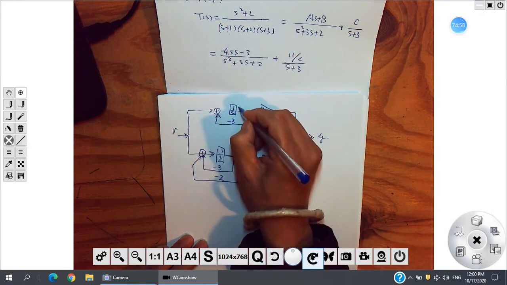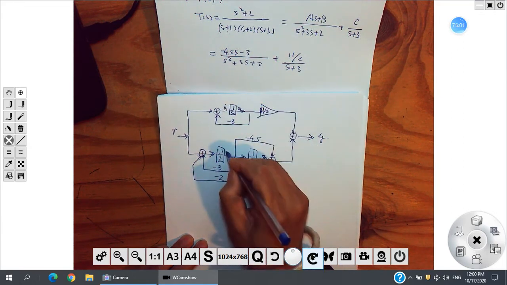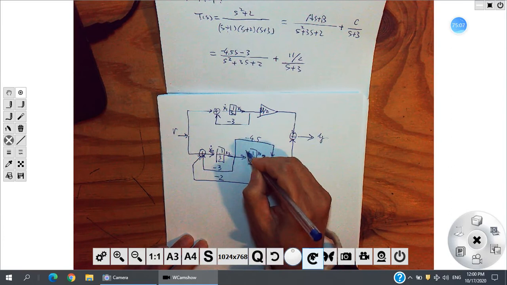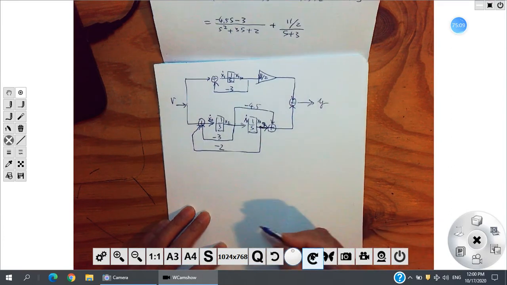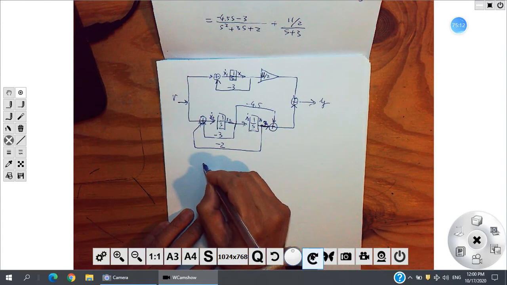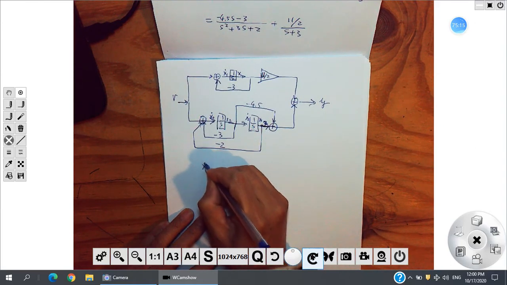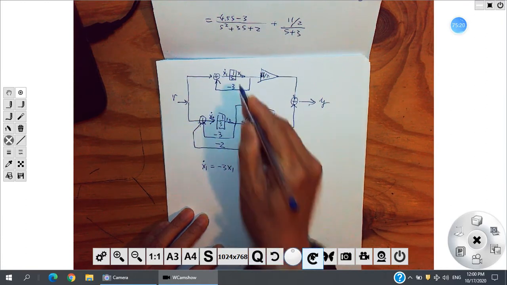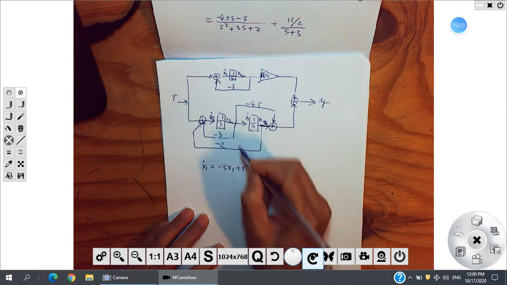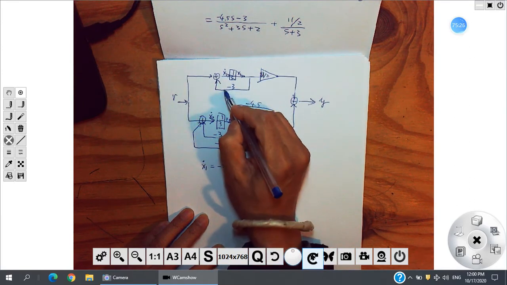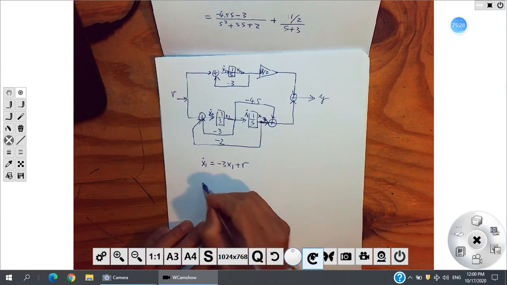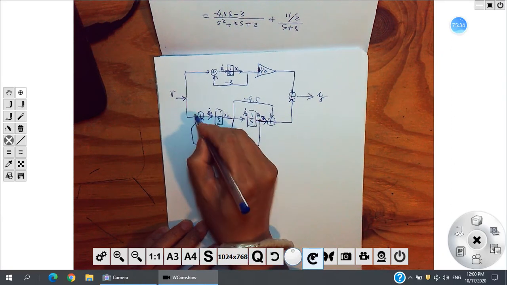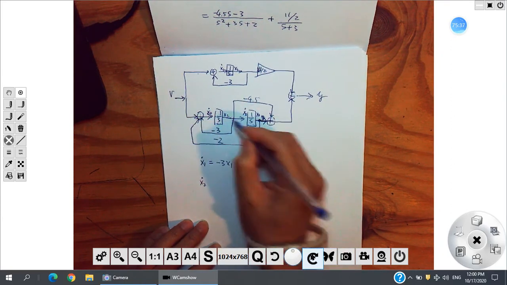I use x1, x1 dot, x2, x2 dot, x3, x3 dot. Then I have the equation. So x1 dot equals -3 times x1 plus r, right? x1 dot equals this one plus this one, and x2 dot is a summation of three signals. One is r, one is from x2, one is from x3.